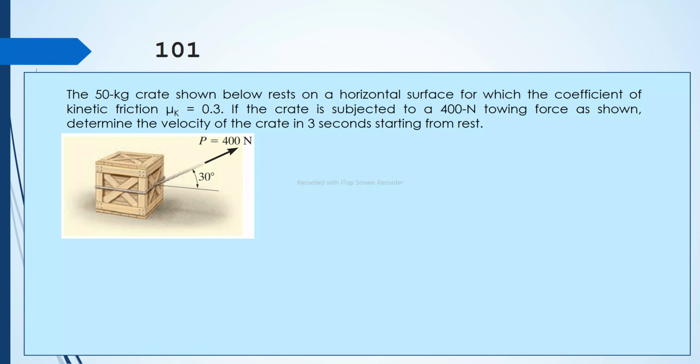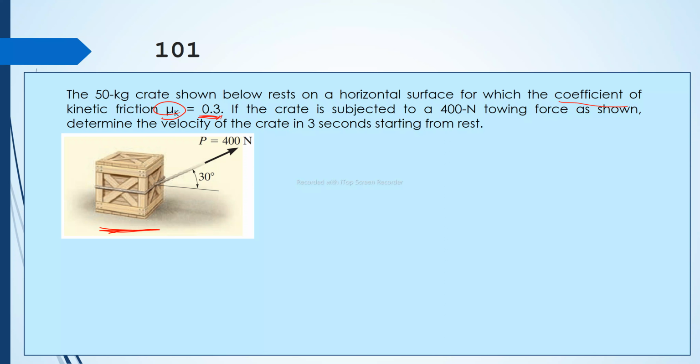You have an example here: a 50-kilogram crate shown below rests on a horizontal surface. So we have a crate here resting on a horizontal surface, for which the coefficient of kinetic friction mu k is equal to 0.3. Notice that our coefficient of friction here is represented by mu k, or kinetic, because the crate in this example is already moving.